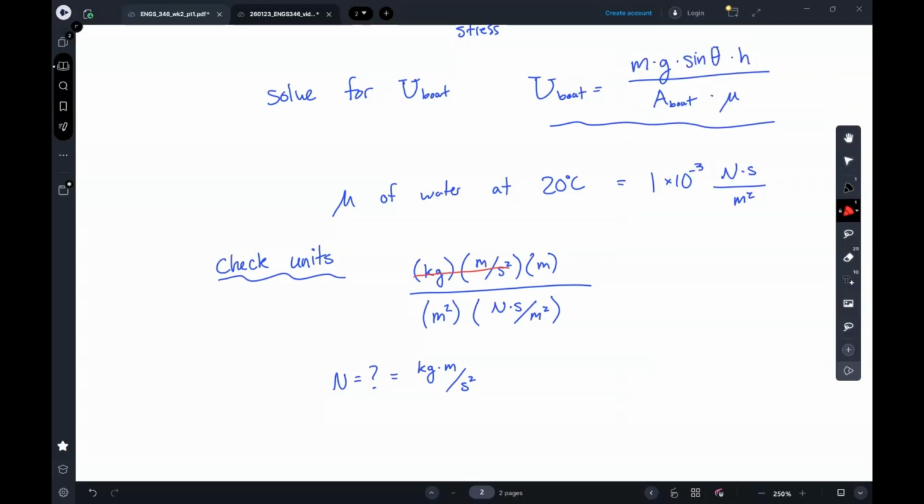This guy is a newton, and that guy is a newton. That is a meter squared, and that is a meter squared on the bottom. So what we're left with is a meter on the top and a second on the bottom. So that gives us nice units of velocity. That's what we wanted. We wanted the velocity of the boat.